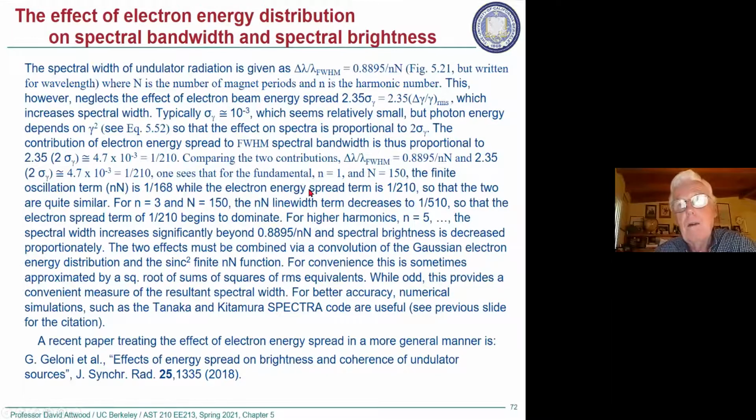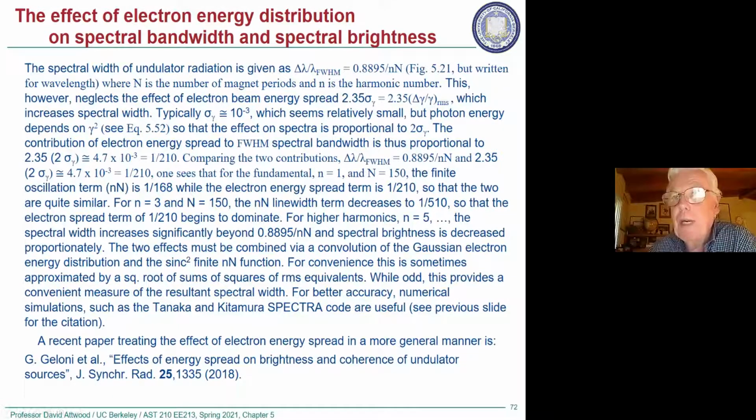One of the things somebody asked about in class was, what about gamma? What could increase the spectral width besides the Fourier analysis of the so many cycles, the 1/n spectral bandwidth? What else could happen? And I said, well, not all the electrons have the same value of gamma.